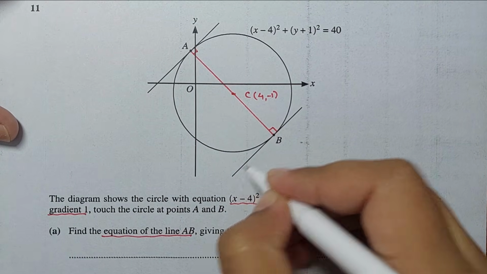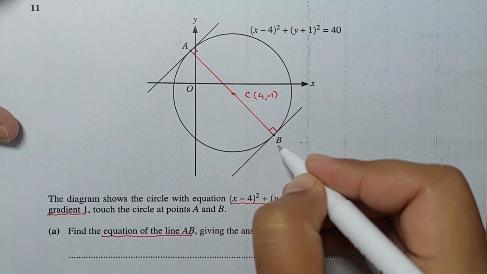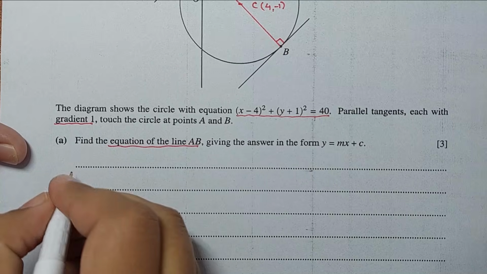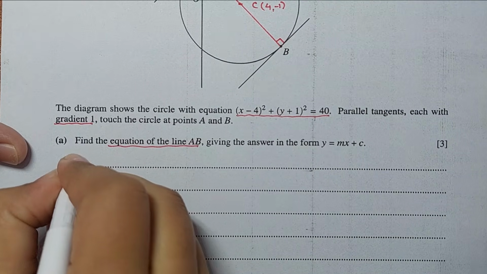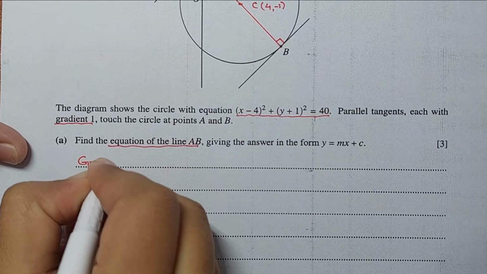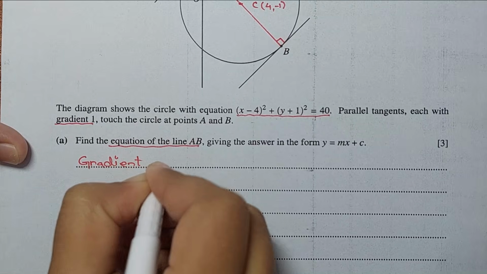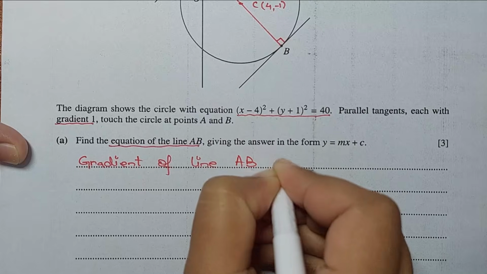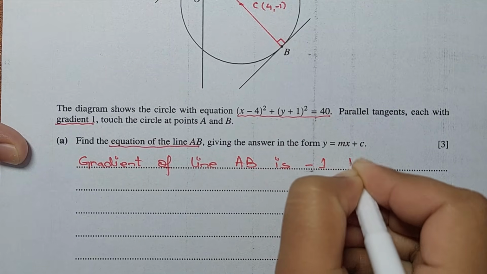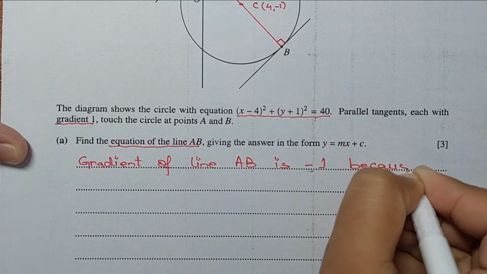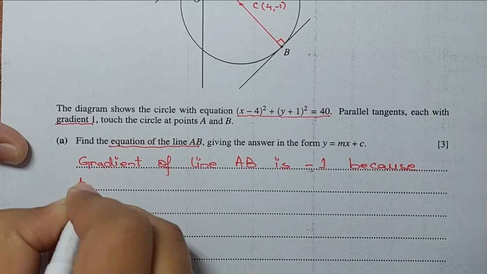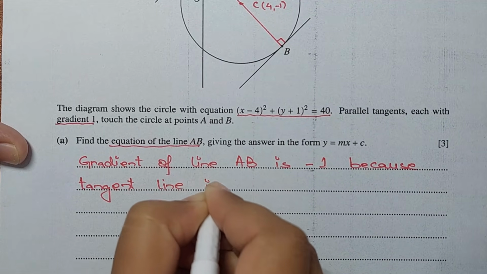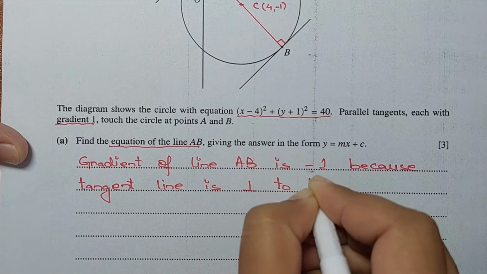Because we know that the tangent is perpendicular to the radius of a circle. That is why. Okay, so we can say that the gradient of line AB is negative 1 because the tangent line is perpendicular to the radius of a circle.